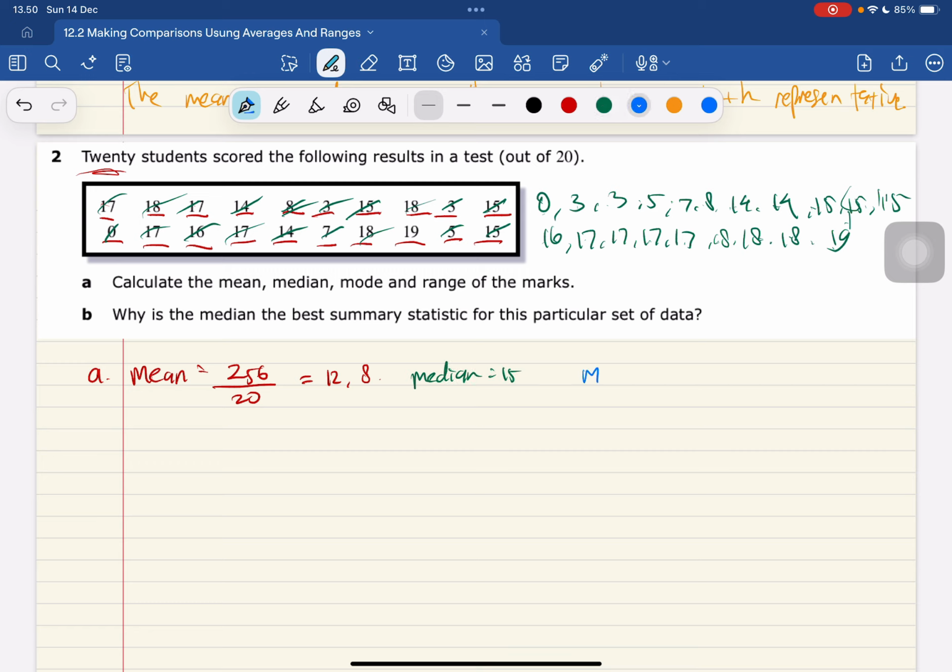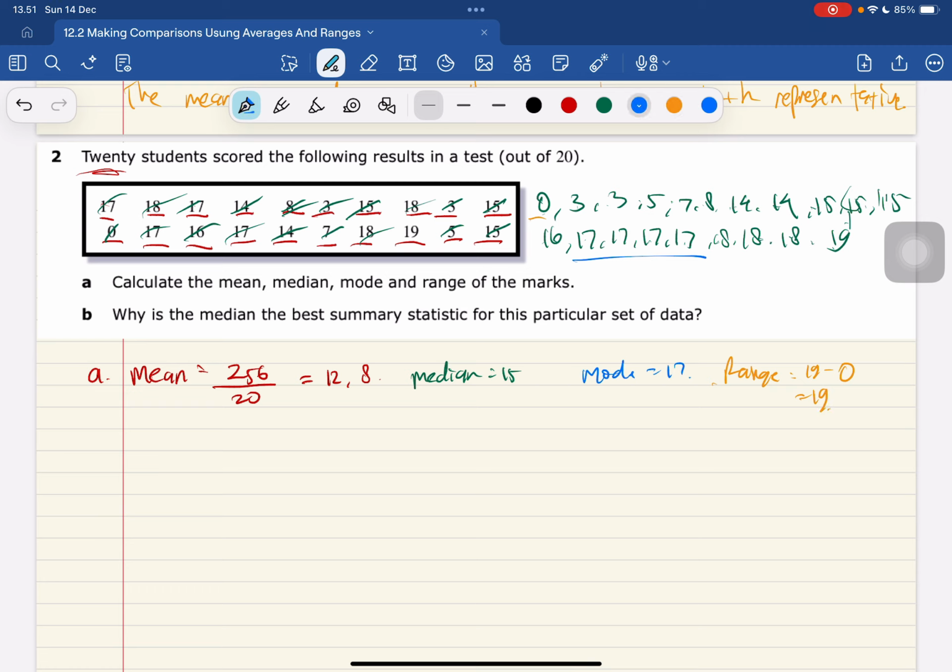For the mode, the value that appears most is 17. For the range, the highest minus the lowest: 19 minus 0 equals 19.